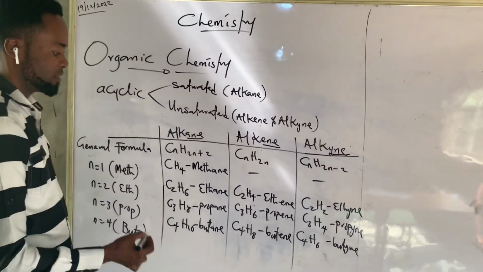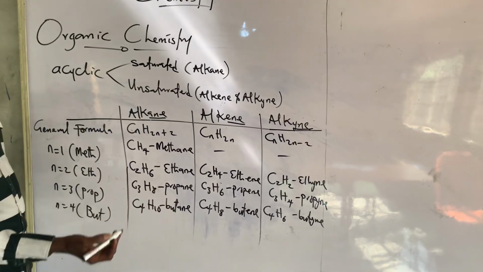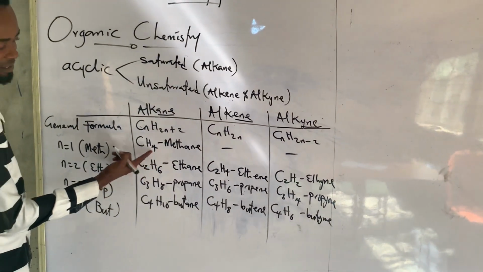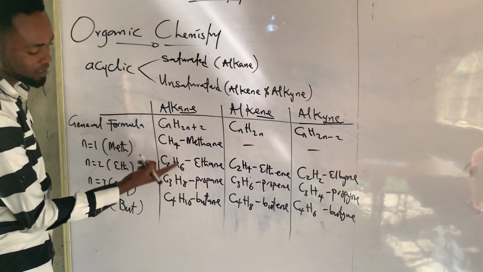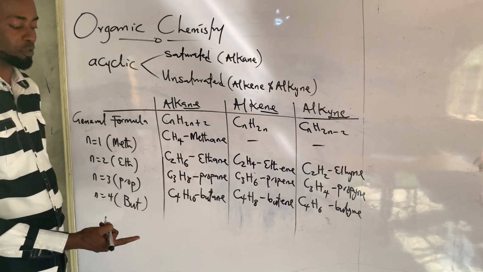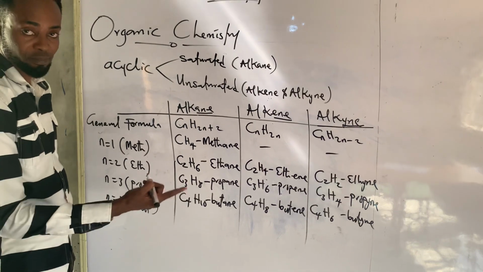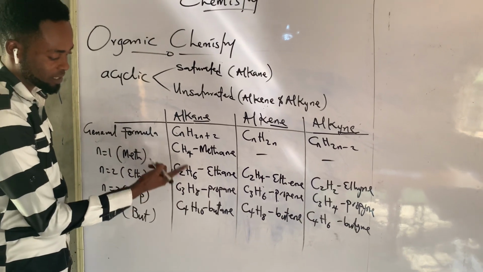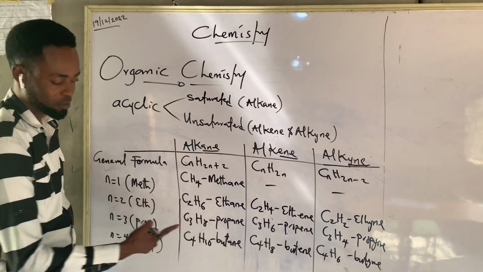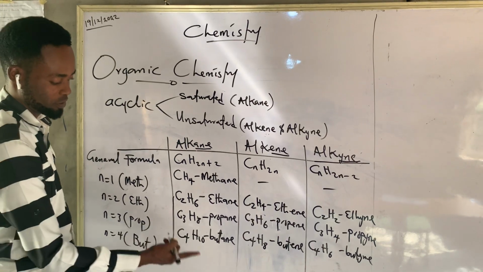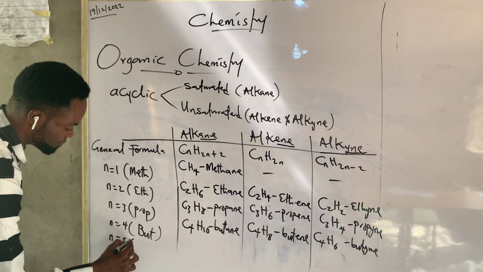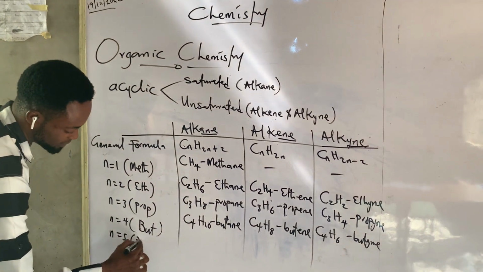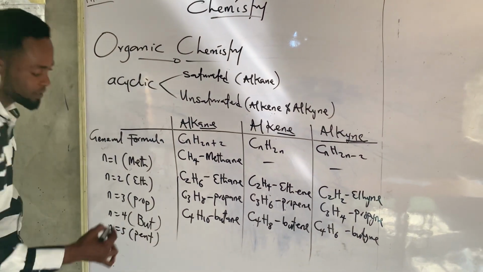Now, your work is going to be much easier if you consider that each successive member differs by just 2 hydrogen. It makes your work easier. So when n is equal to 5, we have pent, like pentagon.